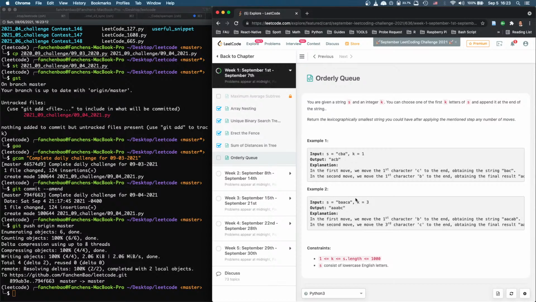Oof. That is not how I imagined it to be. I mean, we can definitely sort it, right? Because in this case, we can sort it. If we sort, it's going to be ABC. But then I need to prove that we can do ABC.